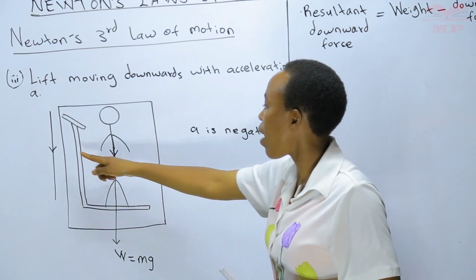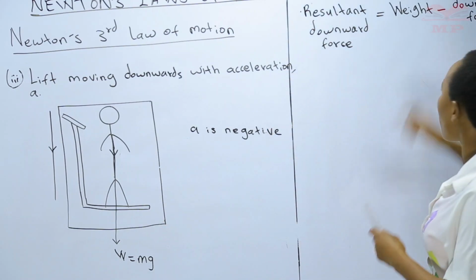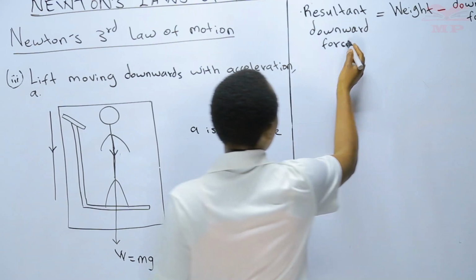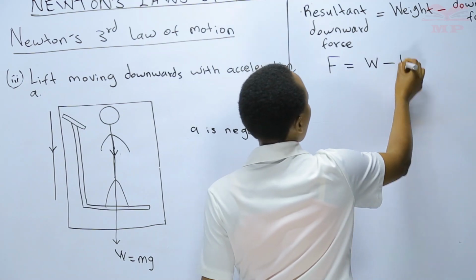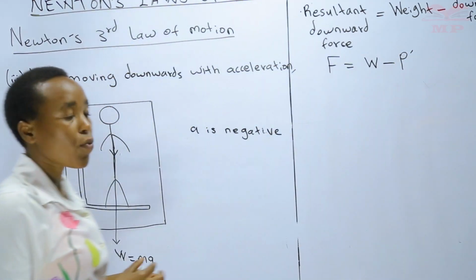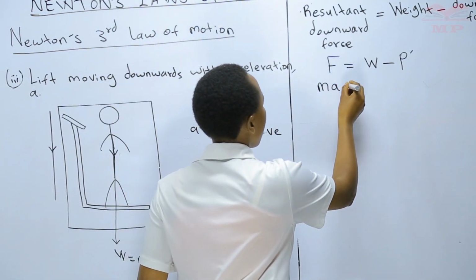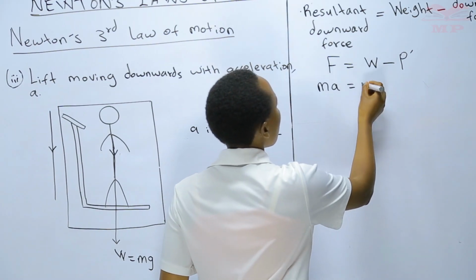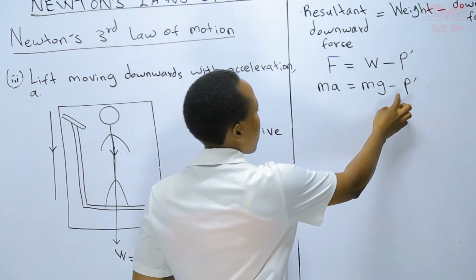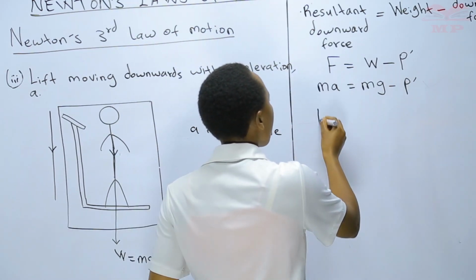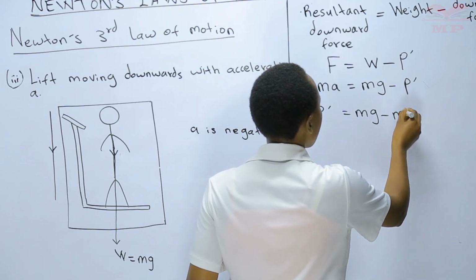We subtract, we have our acceleration, which in this case is negative, so we subtract the downward force, whereby we are going to have the resultant downward force F is equal to the weight minus the downward force, whereby we can use P prime, because for the upward force we used P. So we are going to have force, which is mass times acceleration, is equal to weight, which is mg, minus the downward force. So when we make this the subject, we'll have the downward force equal to mg minus ma.